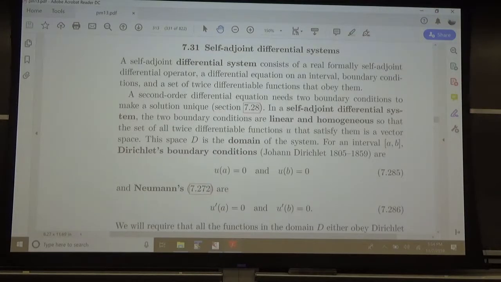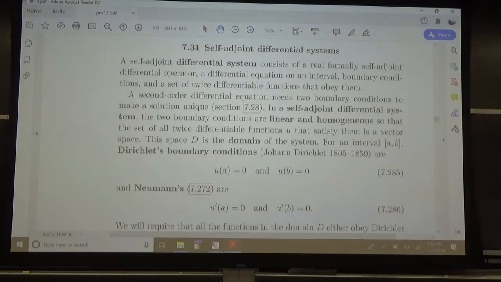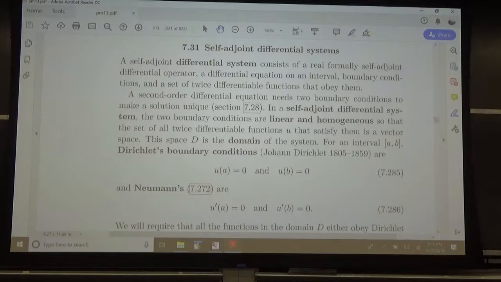So a second-order differential equation needs two boundary conditions to make the solution unique, and the ones we'll look at are linear and homogeneous. You may encounter other kinds of boundary conditions in physics problems, but we're just considering ones that are linear and homogeneous. And that means that the space of twice differentiable functions u that satisfies the boundary conditions forms a vector space because the conditions are linear and homogeneous. And this is called the domain of the system.